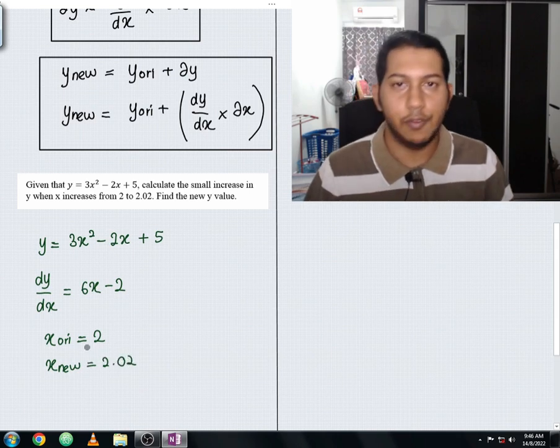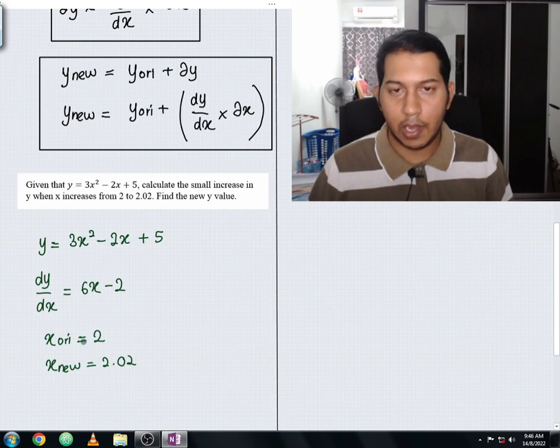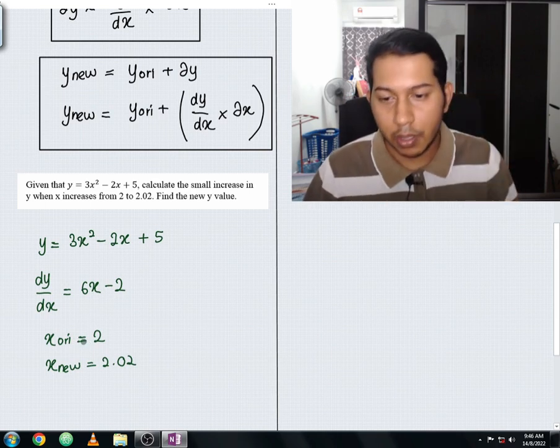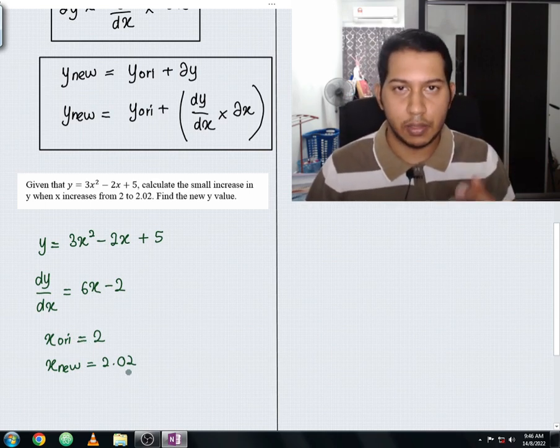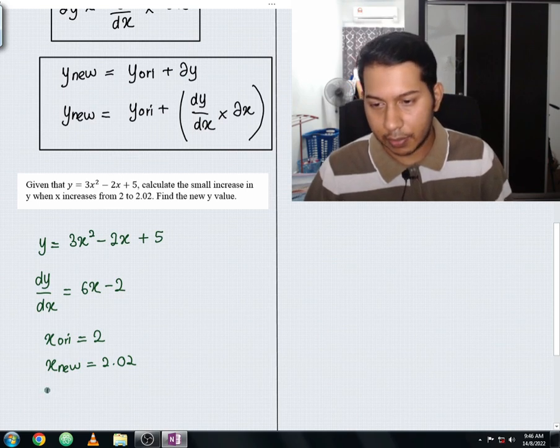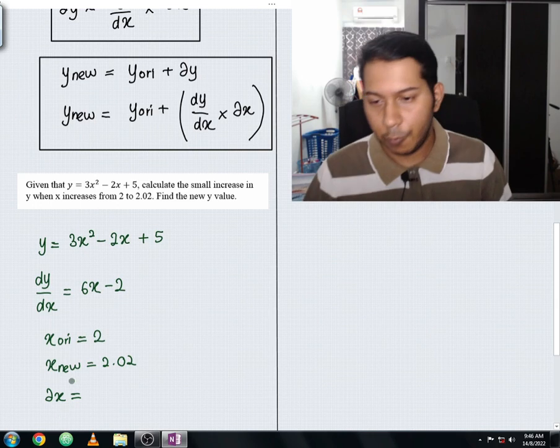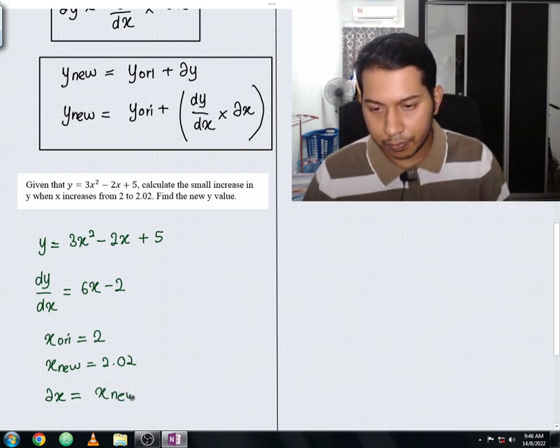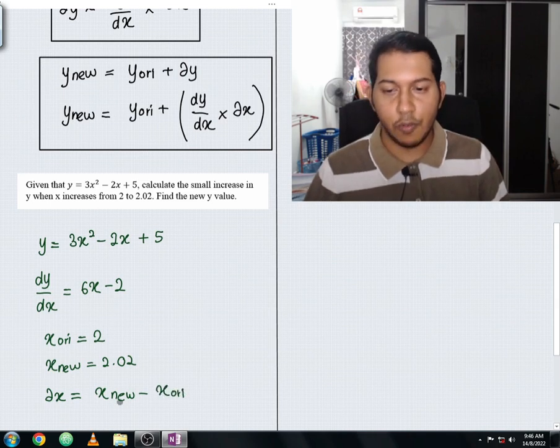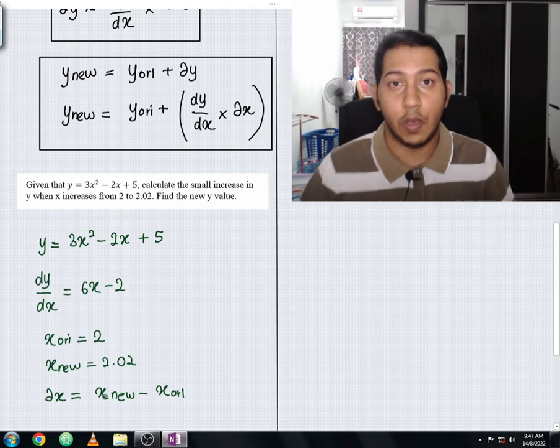So in this case, the new x value has encountered an increment. How much is the increment? You need to calculate the delta x, the small change in x, which is equal to x new minus x original. So the new value of x you minus the original value of x.